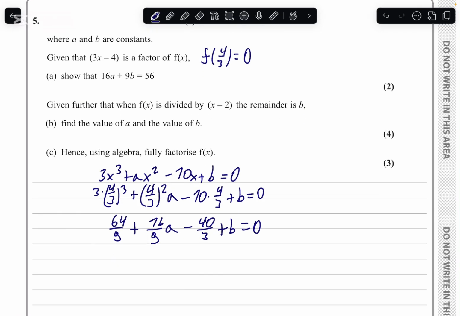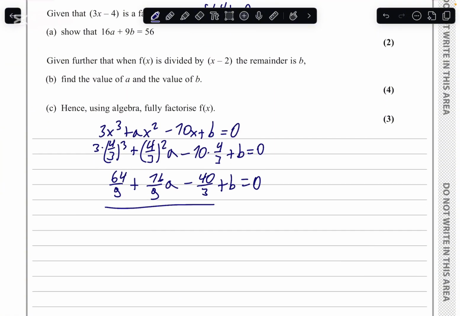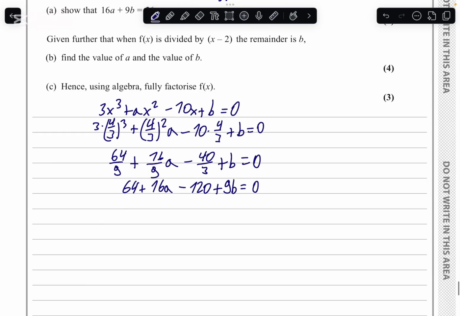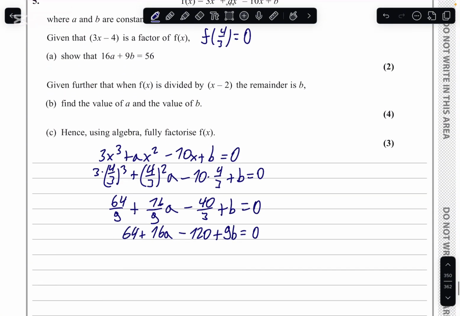If we multiply everything by 9 to get rid of the denominators here, we get 64 plus 16a minus 40 over 3 times 9, which is 40 times 3, which is 120, plus 9b is equal to 0. Taking what we need to show, we need to show that 16a plus 9b is equal to 56.